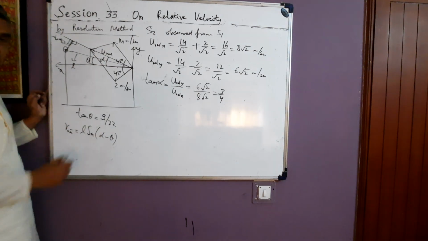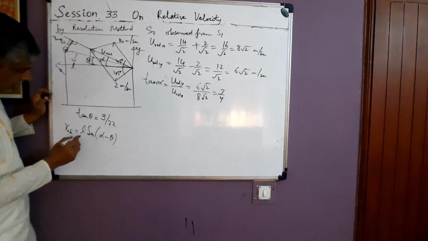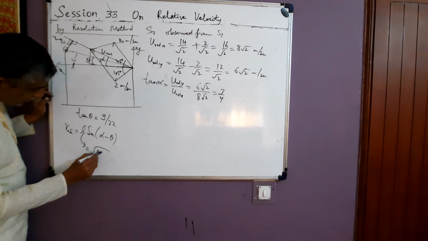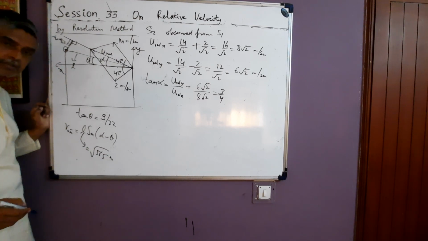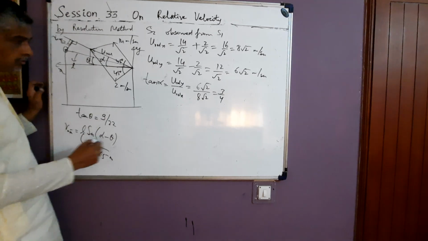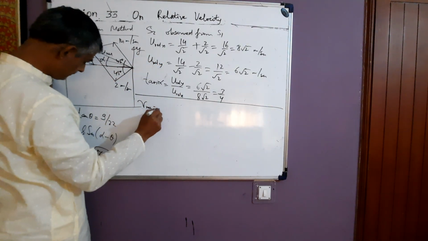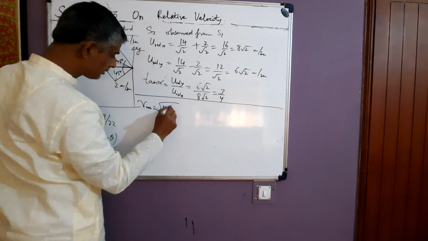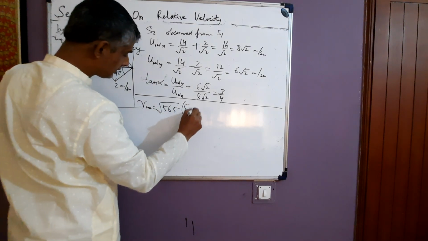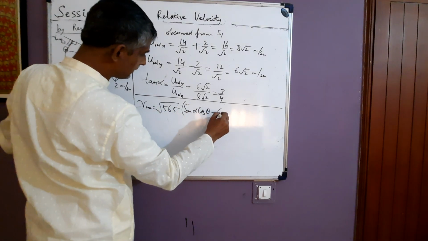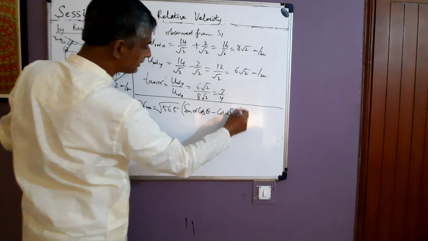Now we have to find sin alpha minus theta. And L we know, L we have already found in method 1. Root 565 meter. That is L. Okay. Now we substitute in this one. So R minimum will be L, which is root 565, times sin alpha cos theta minus cos alpha into sin theta.